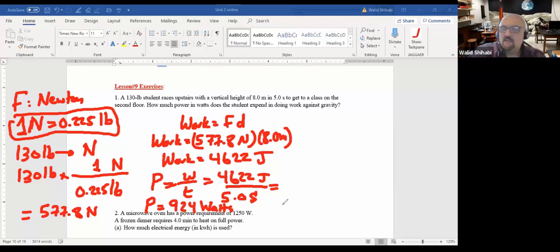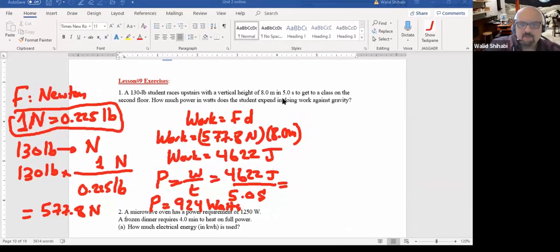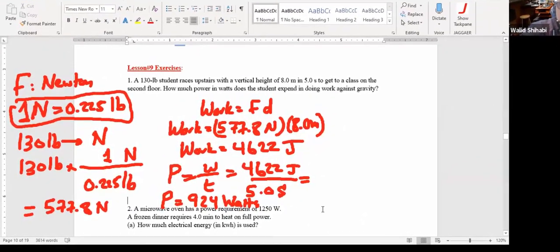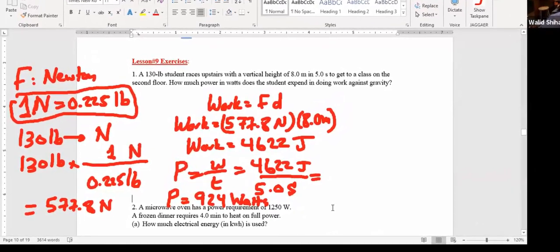If you want to convert it to horsepower, and that's what we'll be doing in the experiment, you'll divide this power by horsepower, 746. So this will give you around 1.24 horsepower. Okay, here in this problem, you're not asked to convert it, but if you're asked to convert it, this will be around 1.24 horsepower.